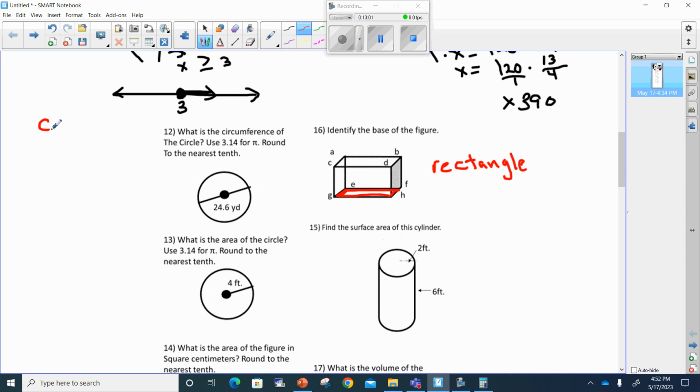Remember, the circumference formula equals diameter times pi, or 2 times radius times pi. We've got a diameter over here, so we're just going to take 24.6 and multiply it by 3.14.